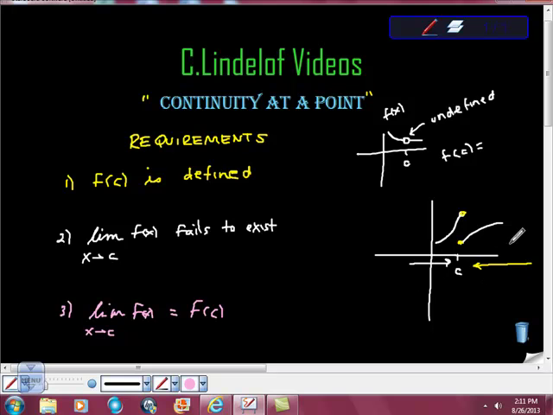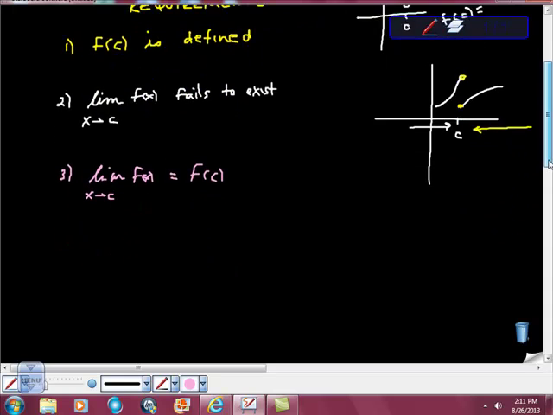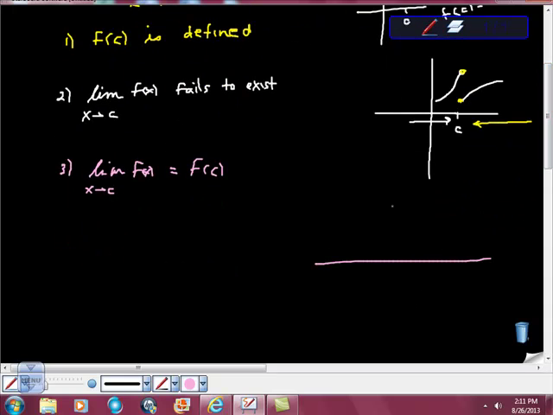When wouldn't that hold? Maybe we take this Cartesian plane and draw in our function. Here's our c value. As I go this way, the function approaches here, and from the other side it approaches the same place. I look both ways and say, hey, this function is continuous at this point.